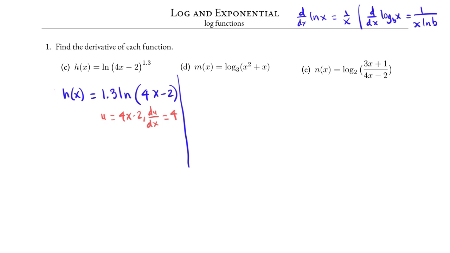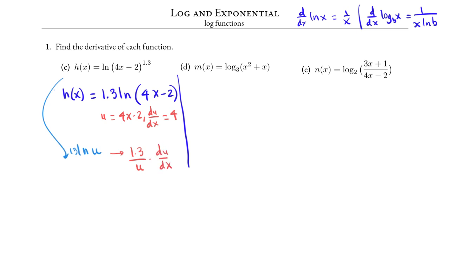If we were to let u equals 4x minus 2, then the problem is now simplifying to ln of u, but remember that we have 1/3 in front of ln. The derivative of 1/3 ln of u with respect to x is 1/3 over u, but don't forget the chain rule, du dx.